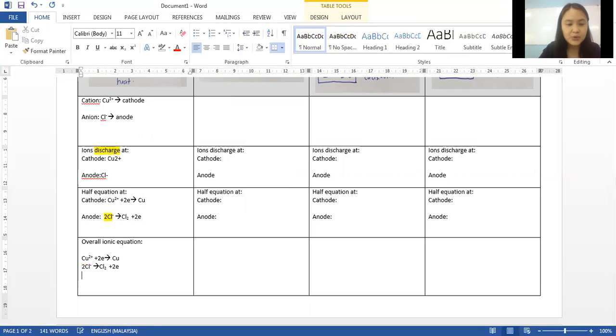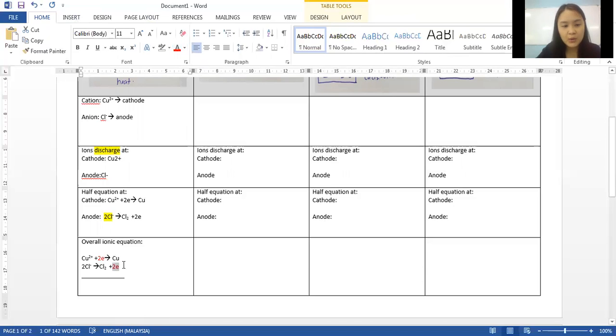Now, many times students will ask me, so teacher, how do you combine the two equations? The key to combine is you need to cancel off the electrons on both sides. So if you focus on the electrons, here you have 2 electrons in front, and here you have 2 electrons at the back.